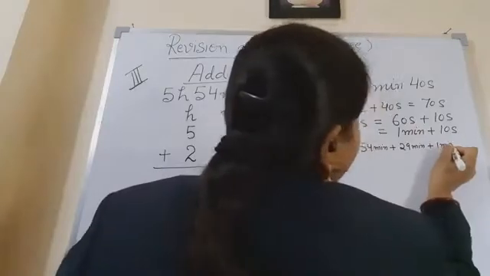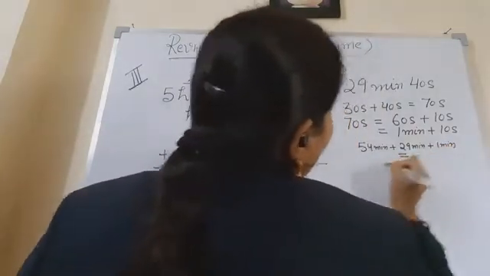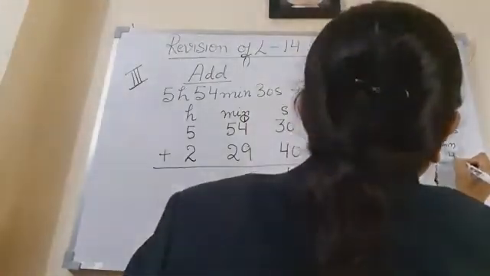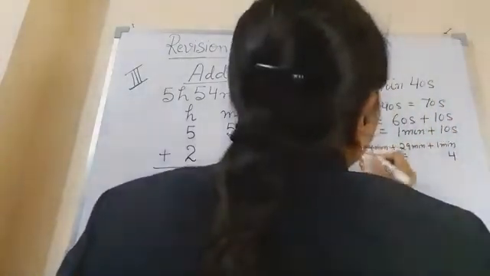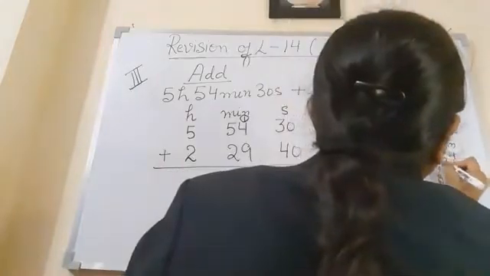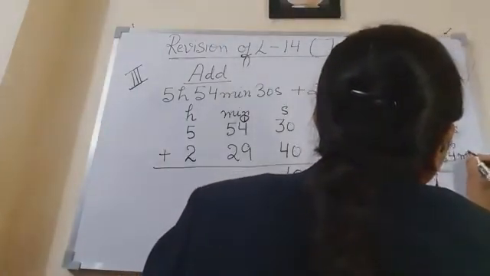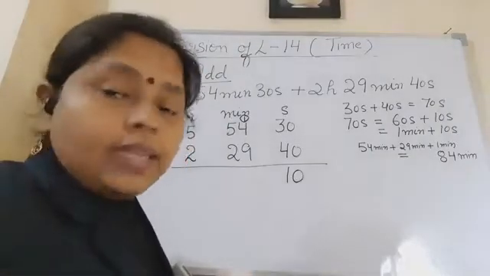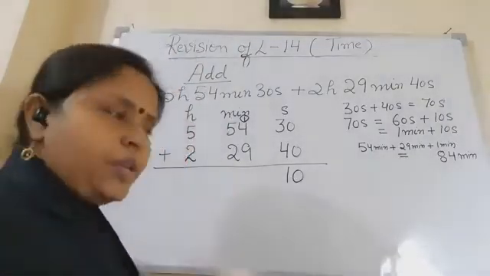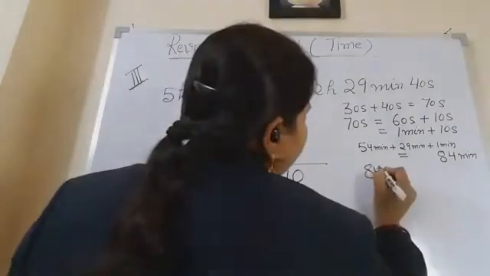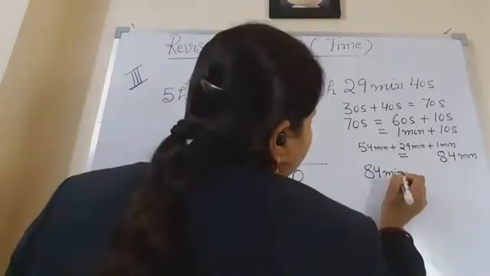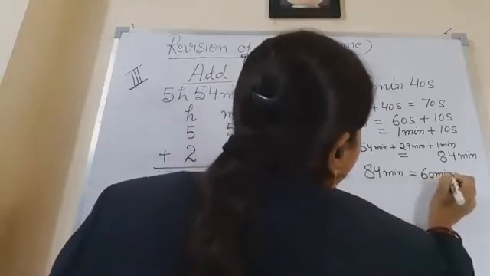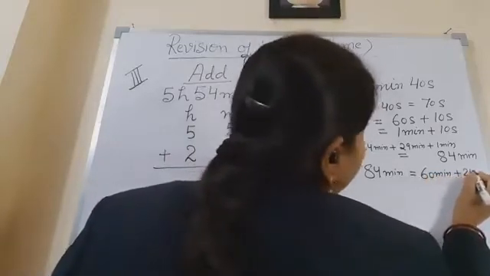Now let us add all of them and see what we get. Well, we will get 84 minutes. Now again, this is more than 60, so we can do the regrouping. We can write 84 minutes as 60 minutes plus 24 minutes.